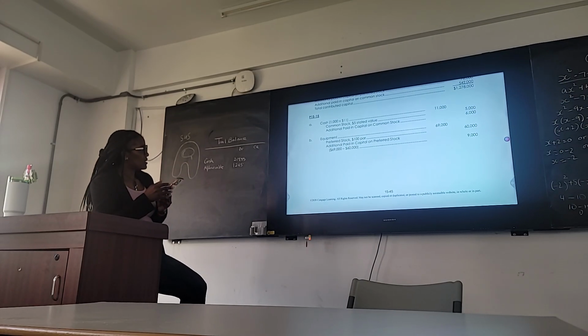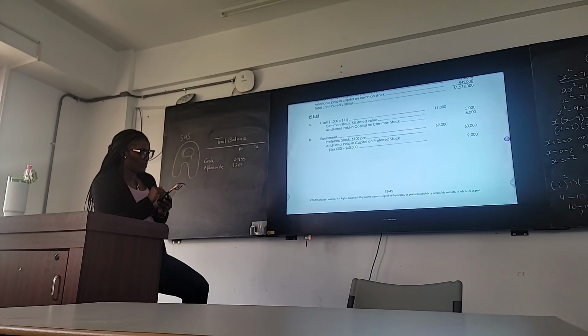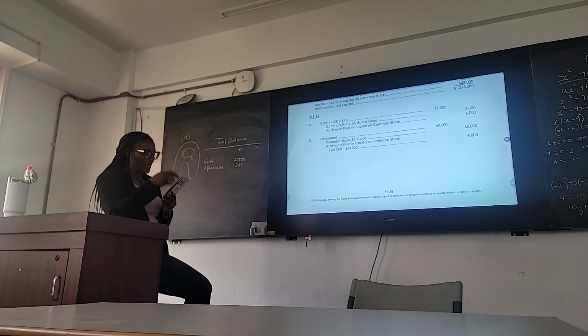Am I looking at the right exercise here? Yes, that's what it said. Oh, they're doing journal entries. Reconstruct the table at the top. Reconstruct journal entries. Reconstruct all journal entries that the company made to record the stock transactions. So we have equipment of 39,000, of 69,000. So they did say to start with the T accounts.